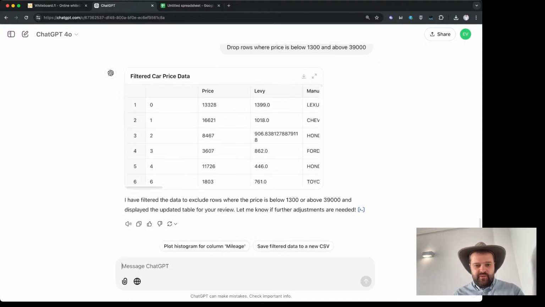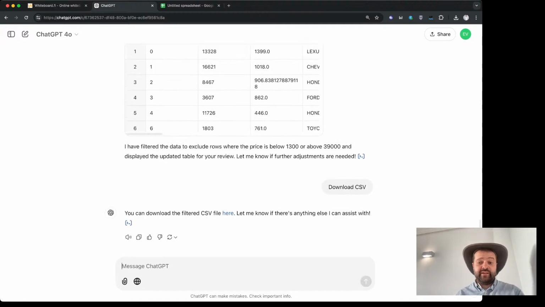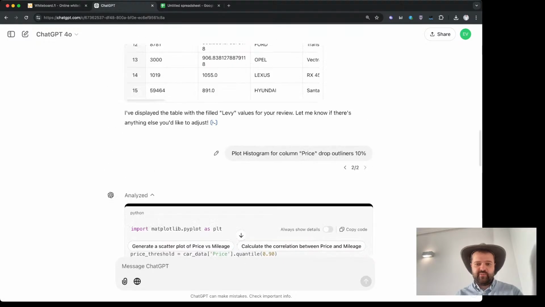So okay, then again I can say download CSV. I will again be able to get my Excel, right? I can actually ask the same prompt as previously, plot histogram.